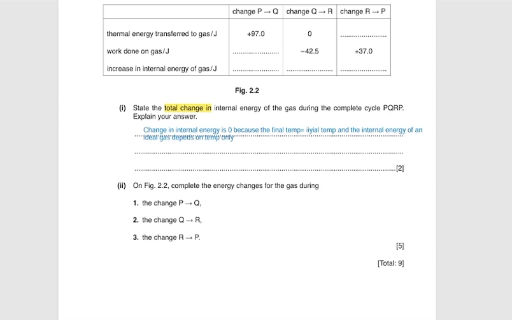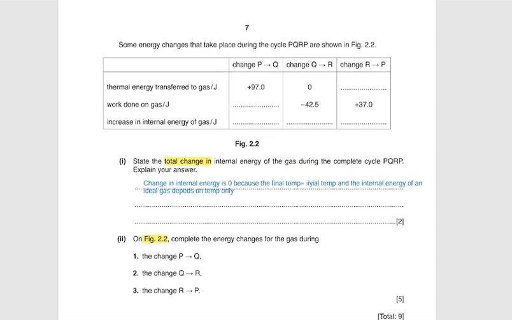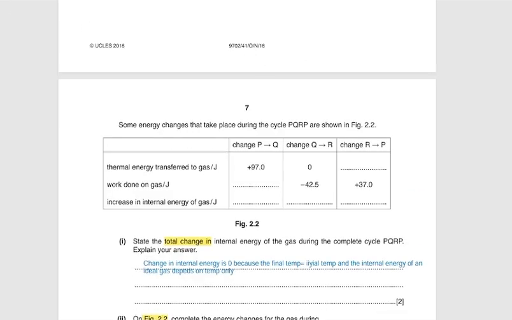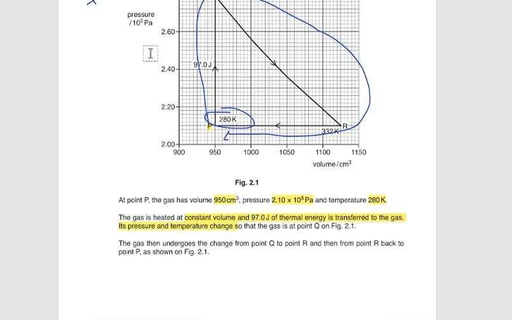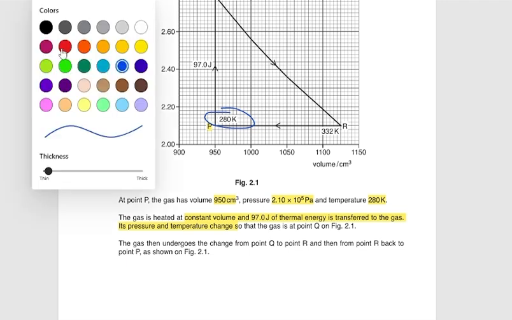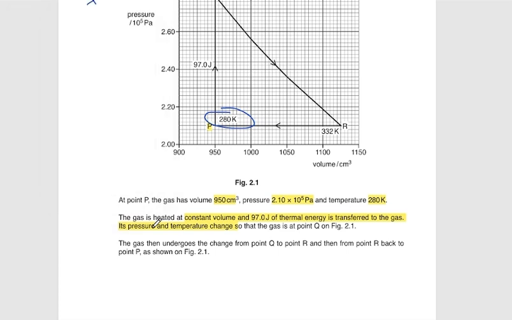Moving on, B part, that says on figure 2.2, complete the energy changes PQR, so you just have to fill the dashes out. Let's look at the thermal energy transferred into gas, that is plus 97, work done from P to Q is this. Now, they say the gas is heated at constant volume.